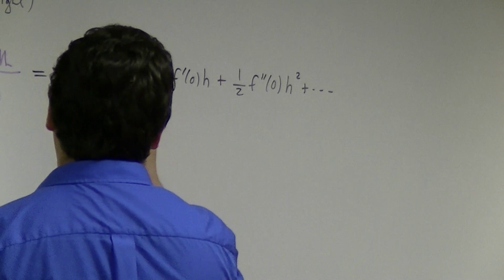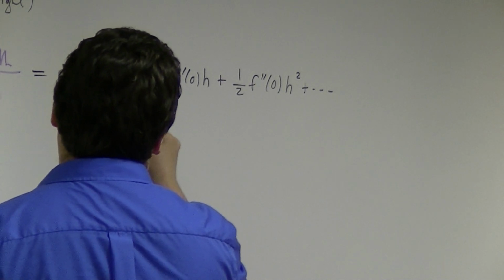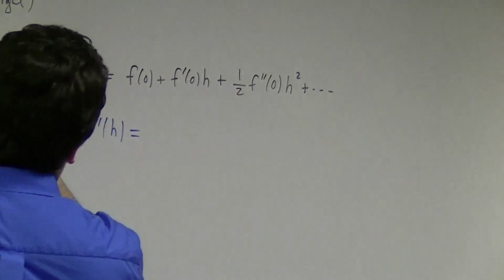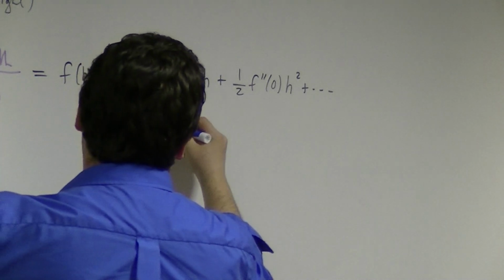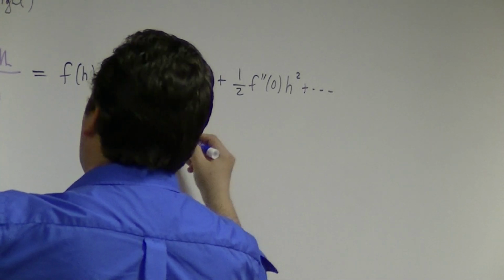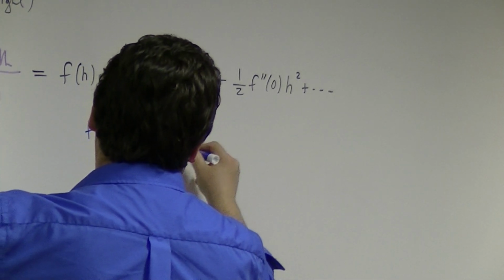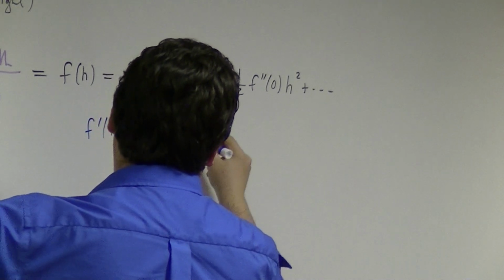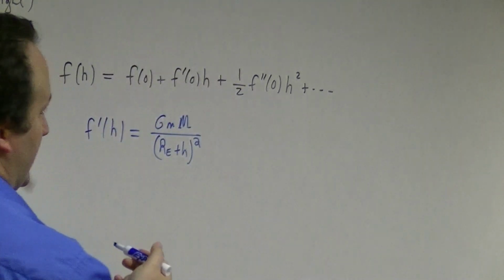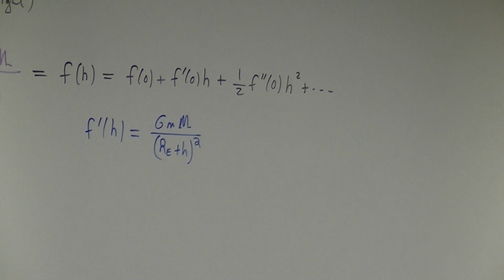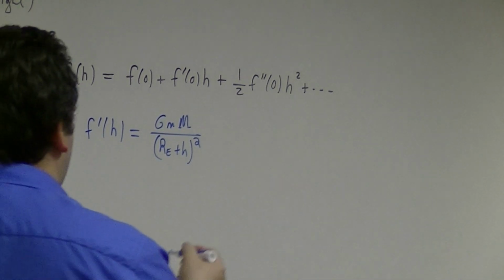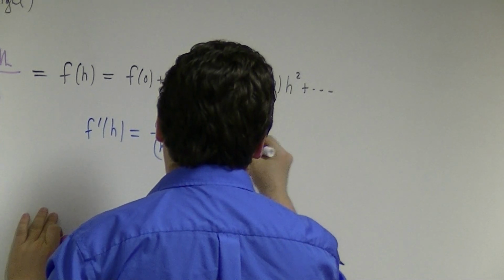So what's f prime of h? It's G M over (Re plus h) quantity squared. The minus goes away because differentiation of the reciprocal gives you a minus 1 power and then the minus 2 power. So f prime of 0 is what?